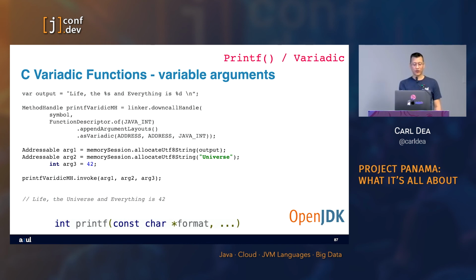I showed you how to create or allocate a string. So you create the actual string, the C string, and it extends Addressable. So it's really a pointer to something in memory. I believe that is also a memory segment, but the parent interface or class is Addressable.